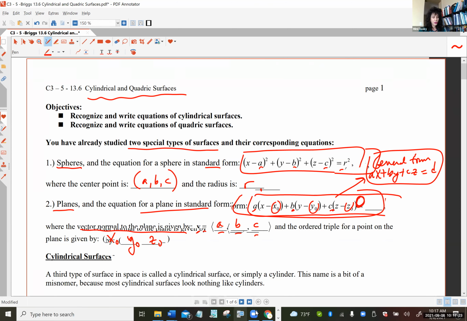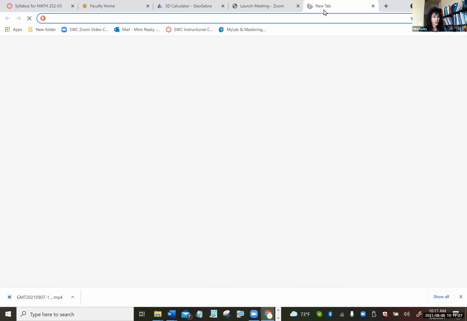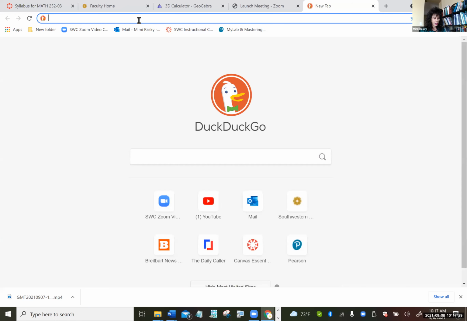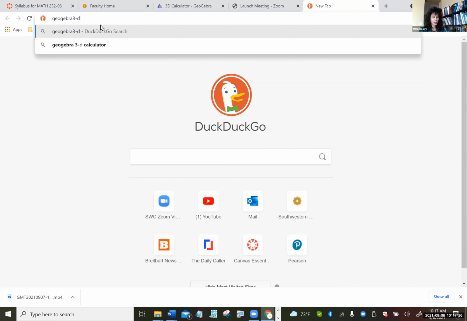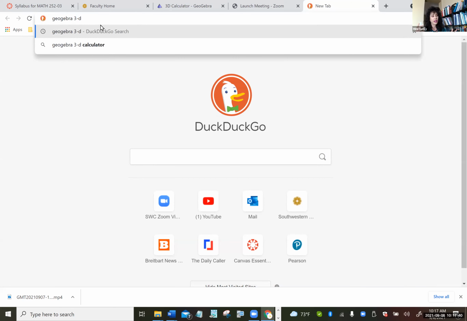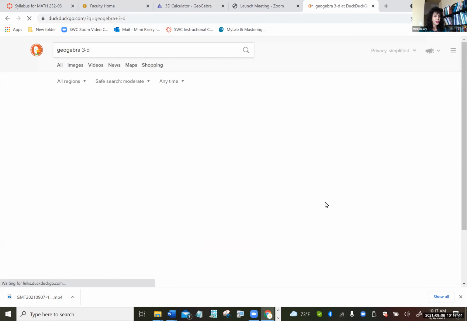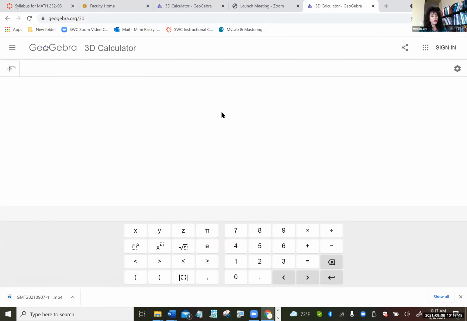Search GeoGebra 3D, because GeoGebra has 2D and 3D, all sorts of calculators. It's really cool. When you go to that 3D calculator, it brings you to a place where you can do some really cool 3D graphing.